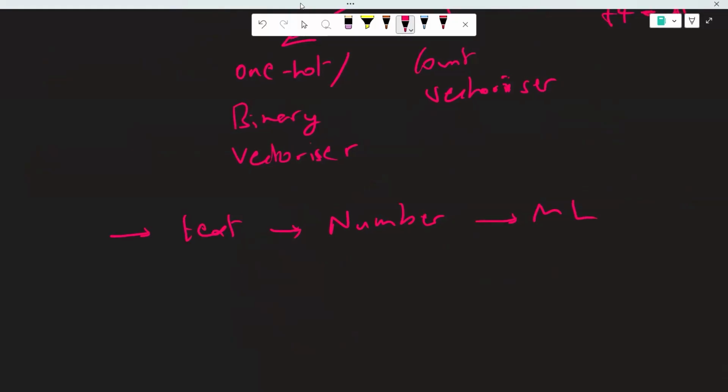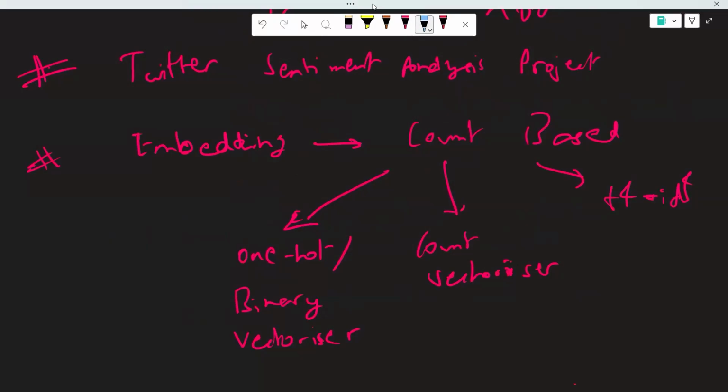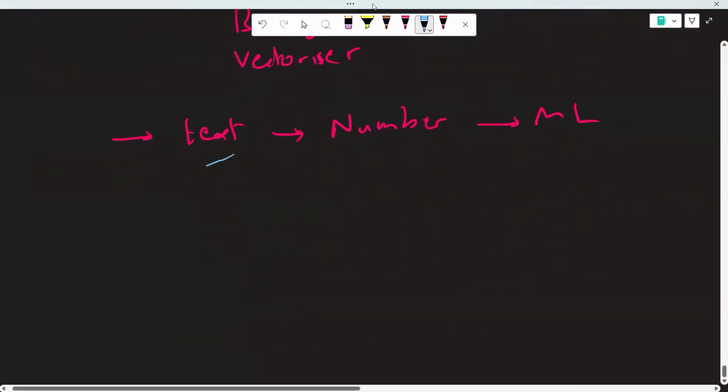Now, we know that there were some limitations regarding these embeddings. Count-based embeddings are not fully 100% accurate. The reason being, we convert the text into numbers based on the logic of count. We don't take into the logic of meaning.